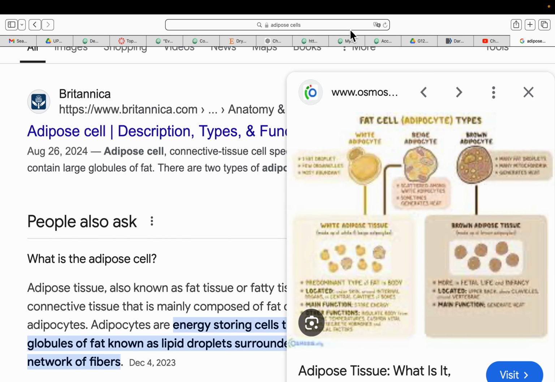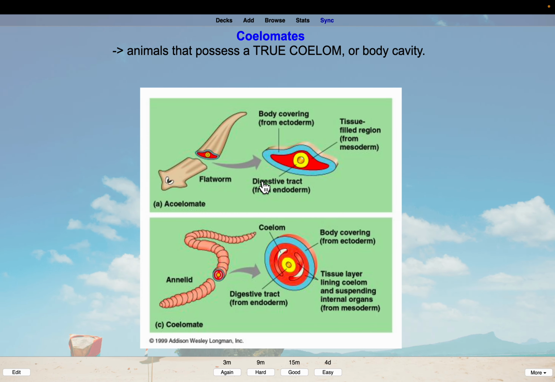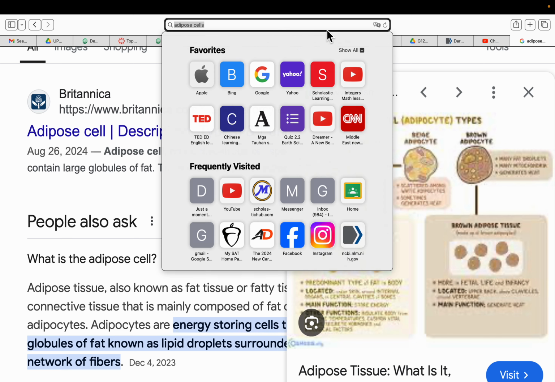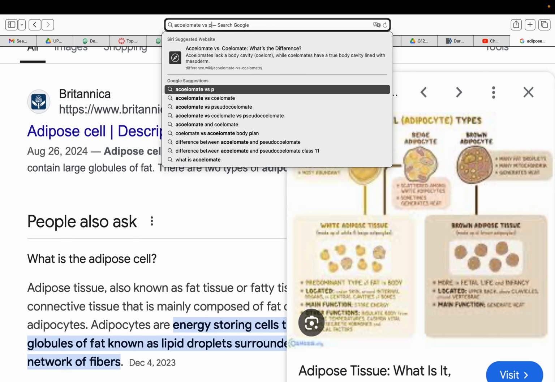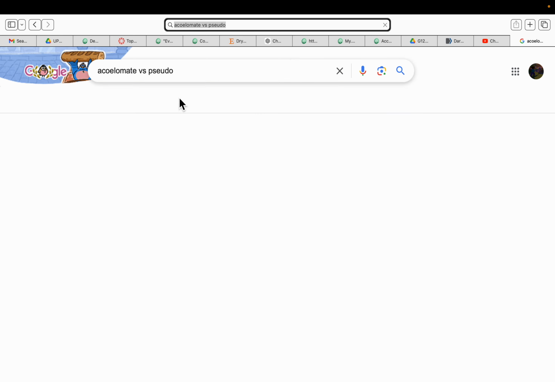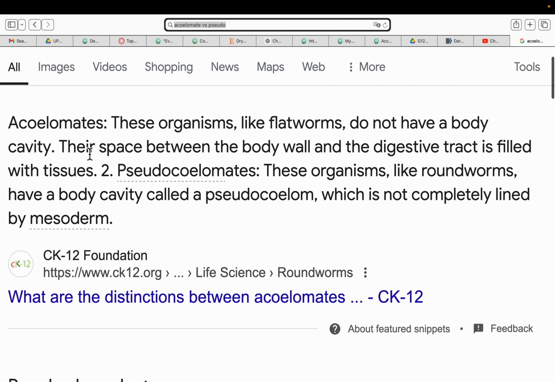How is acoelomate different from pseudocoelomate? Okay, so for acoelomates, they do not have a body cavity. For pseudocoelomates, they have a coelom.